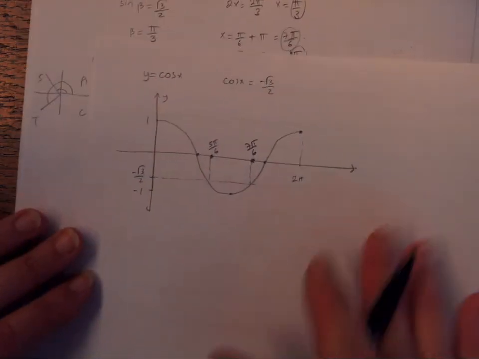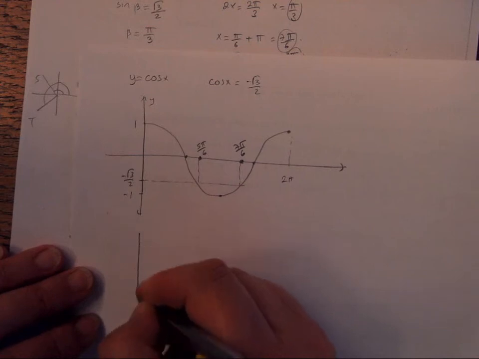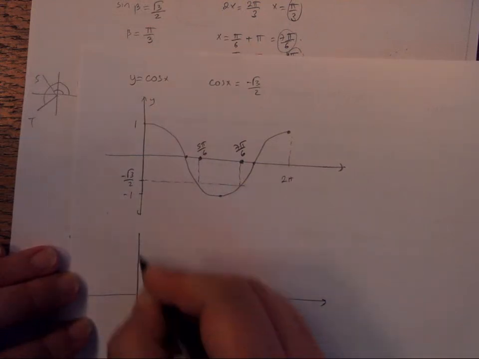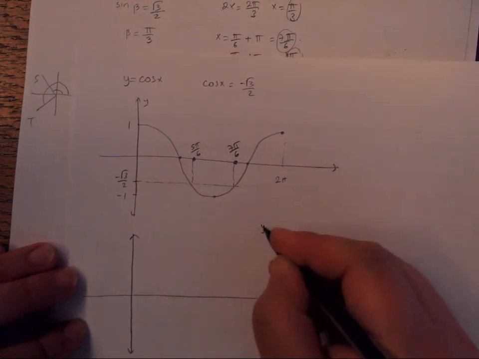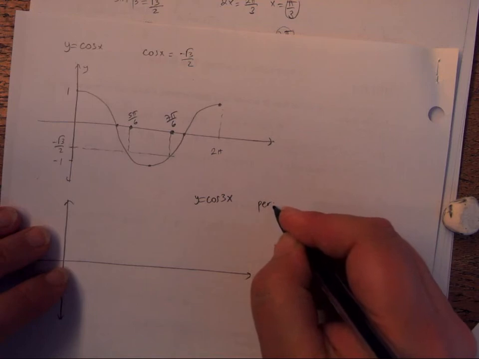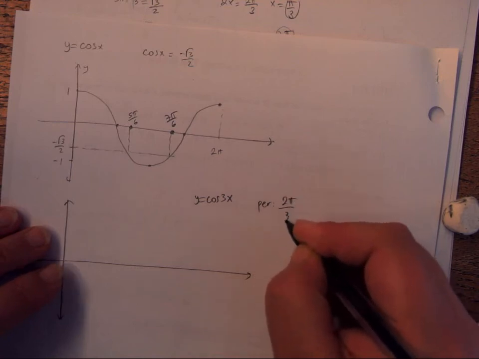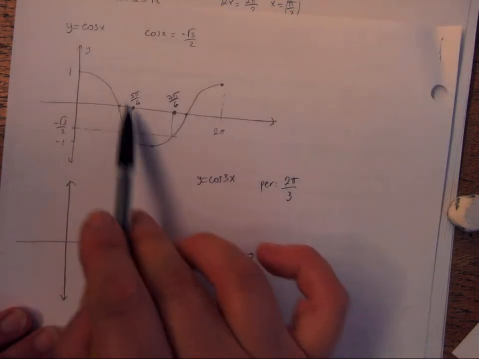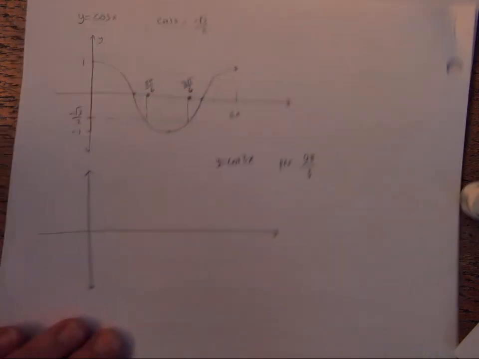But now we have cosine 3x. So cosine 3x period is 2 pi over 3. Right, so you will have 3 cycles in 2 pi.